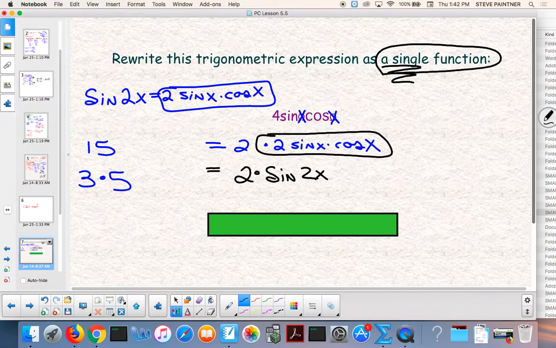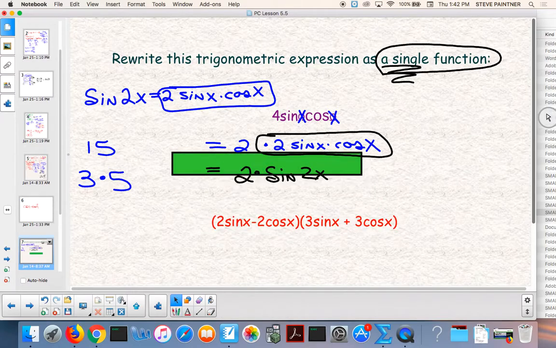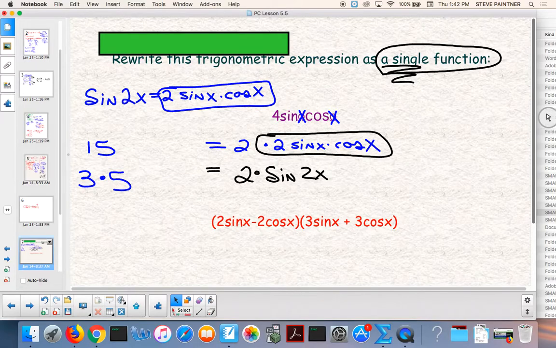Okay, got one more. Try this. Try that one, using your double angle identities. Try it. You got to write it down, guys. Write it down.